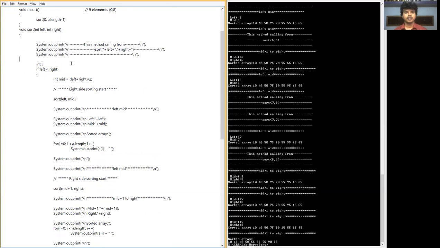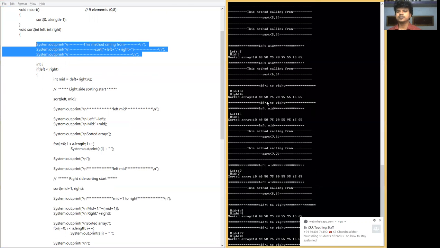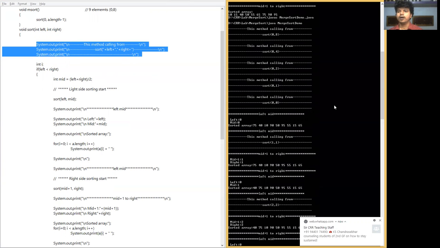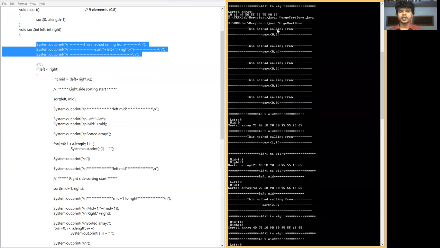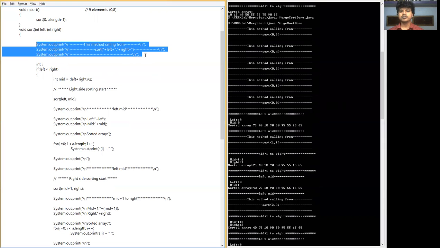So here you see, initially sort. This sort method is going to be called. A local method can be called from this local method, so we do not need any object to call this method. Automatically this method is going to be called. To break whatever confusion, we need to use such representations.